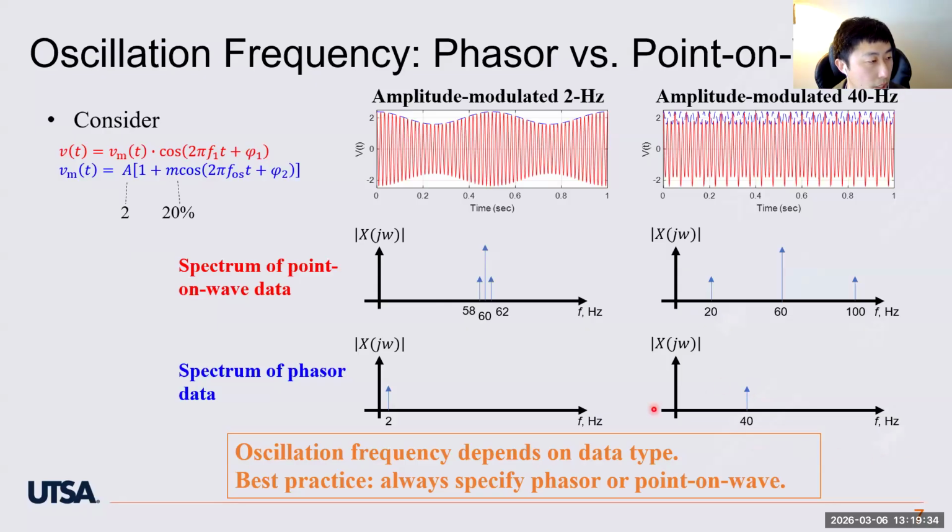But in the future, if we start to use the waveform data, that's going to cause quite some confusion. So I would say the best practice is to specify what data we're talking about when we say oscillations. Are we talking about the phasor domain, or are we talking about the point-on-wave?